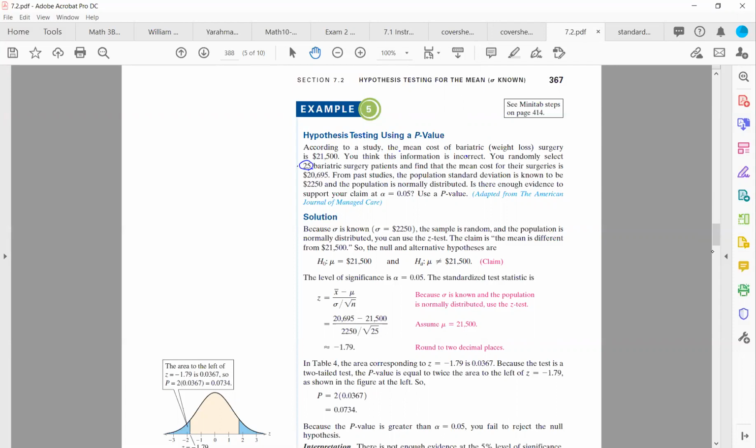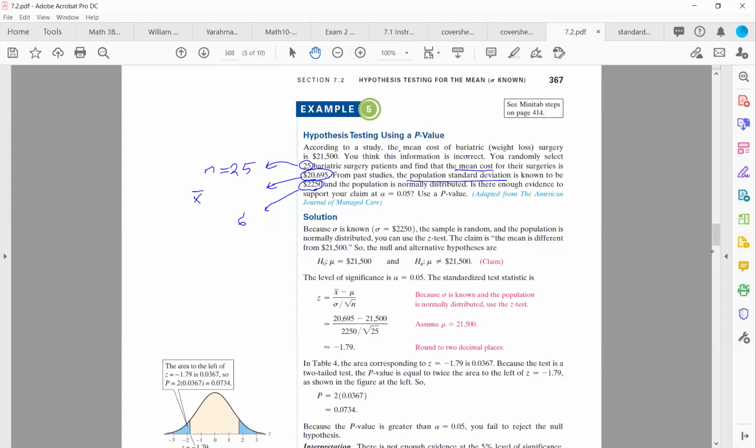So 25 is your n, the sample size. And the mean cost for this sample is x bar. From past studies, the population standard deviation is 2250. So what is this? This is sigma, the population standard deviation.